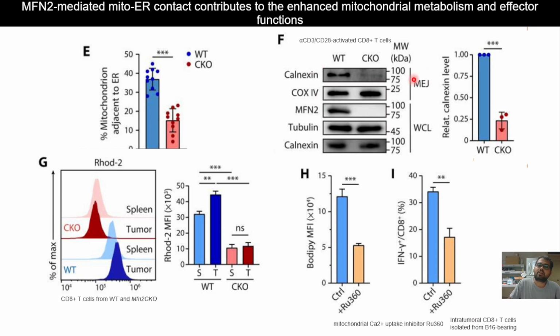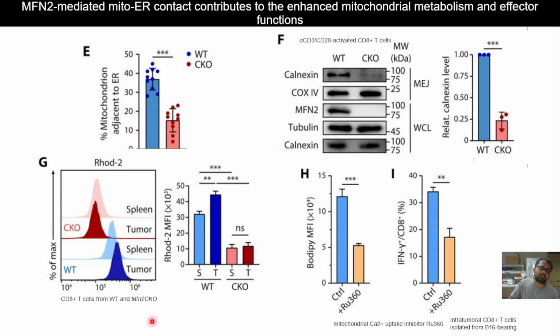When the mitochondria-ER junction lysate was used, you can see the calnexin in the knockout is less, and although the complex 4 expression is almost comparable, MFN2 is less, obviously because this is a knockout and MFN2 is not there. So in the mitochondria-ER junction there is less calnexin. It means there is less interaction between ER and the mitochondria, which was further quantitated here.